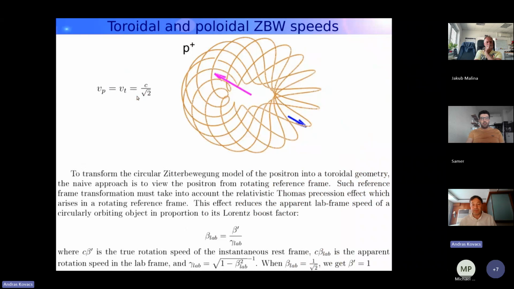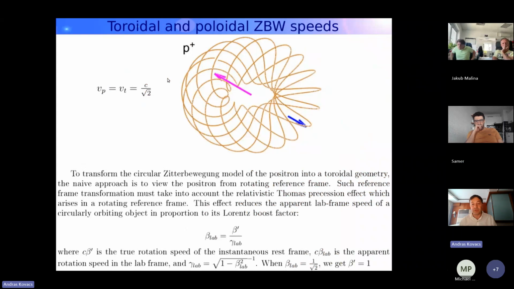The reason why it's c over square root of 2 is that these are orthogonal vectors, and with this value, you have two orthogonal vectors, so the net speed of the proton charge is exactly c, which is required by Maxwell's equation.